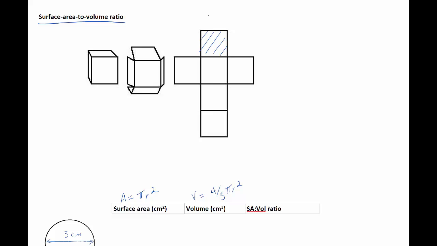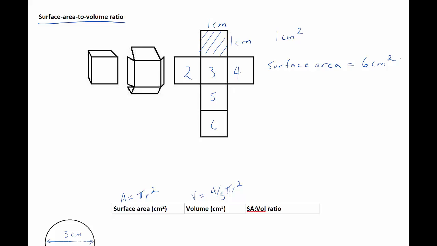And if this cube was 1 centimeter on each side, one side would be 1 centimeter squared in area. Now, because there are 6 sides, the entire surface area of the cube is going to be 6 centimeters squared.